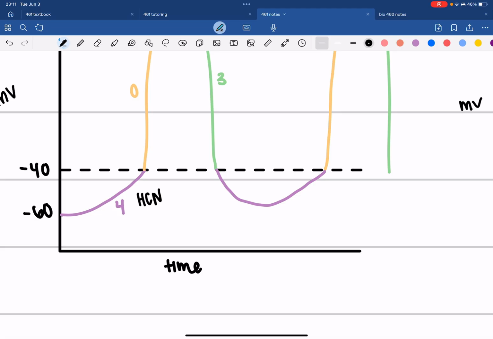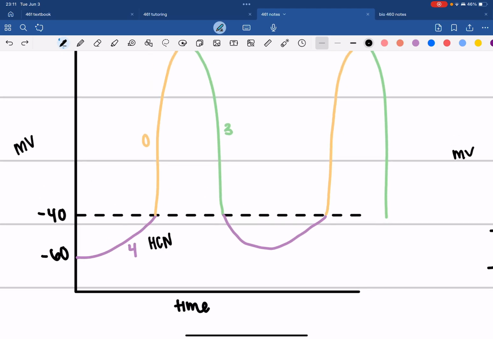And these ones are so cool because it allows the autorhythmic cells to constantly come back and back to threshold over and over again, without you having to think about it, without any stimulation, because these just open right when you get below threshold, which is super fascinating.